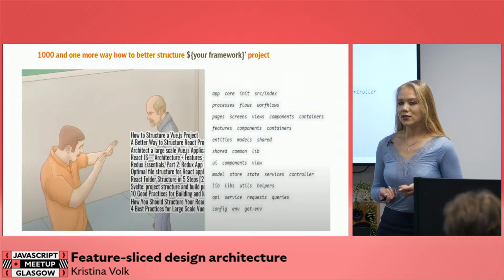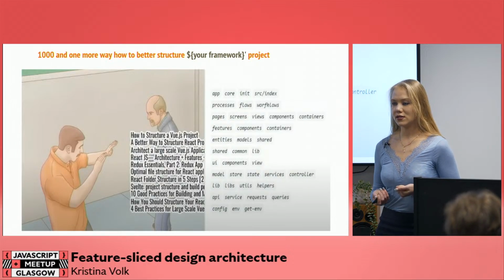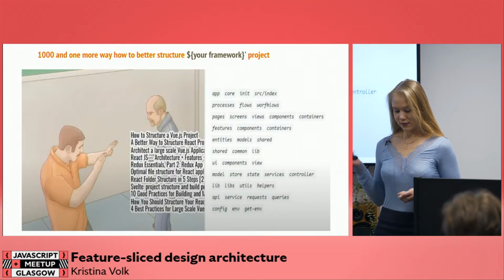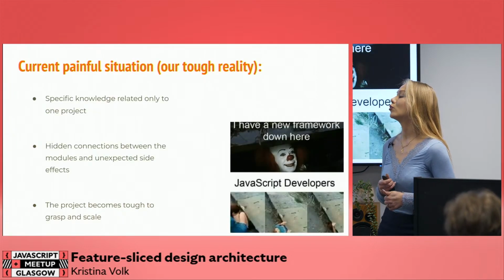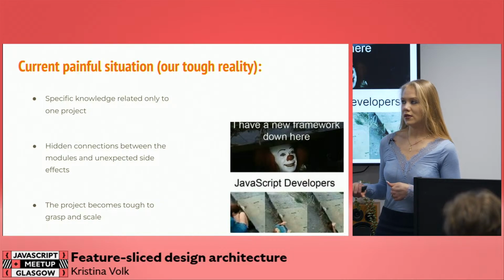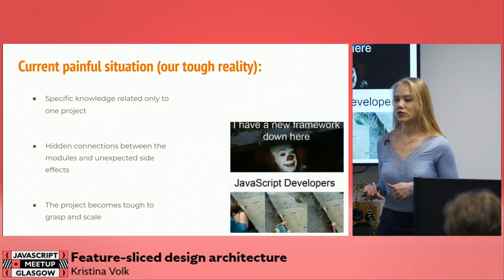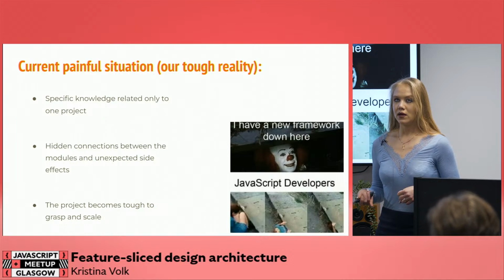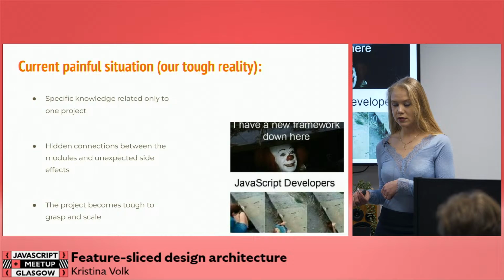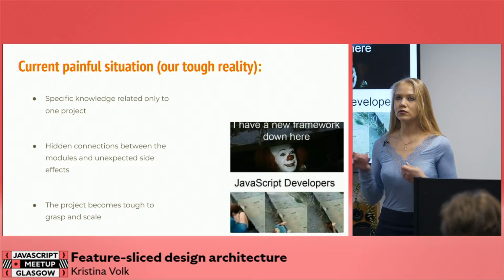Instead, we have a million articles about how to better structure your React, Angular, Svelte, and any other framework projects. One of the pains in our front-end world is that we all have really specific knowledge that relates only to one project, and moving from one to another, we cannot apply the previous knowledge to the new place where we are working.